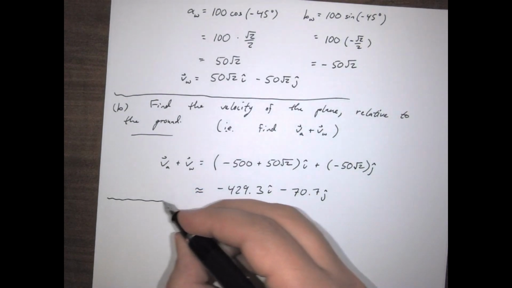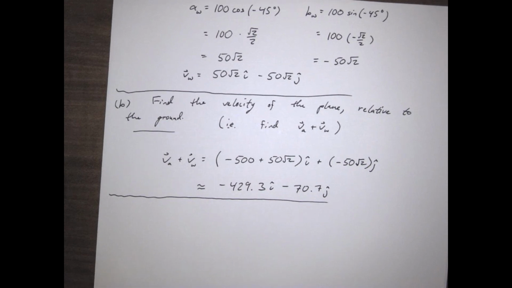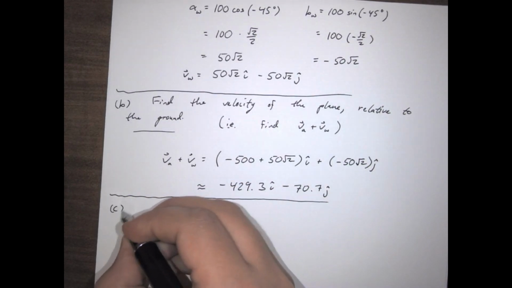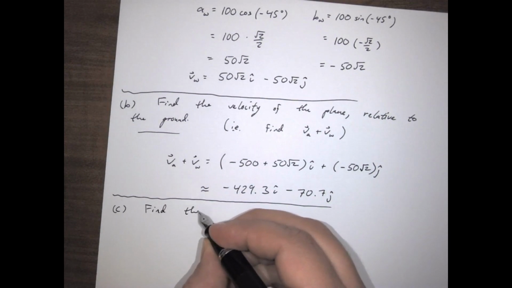So depending on how we are asked to round, this would be the velocity. And then part c, find the speed and direction.